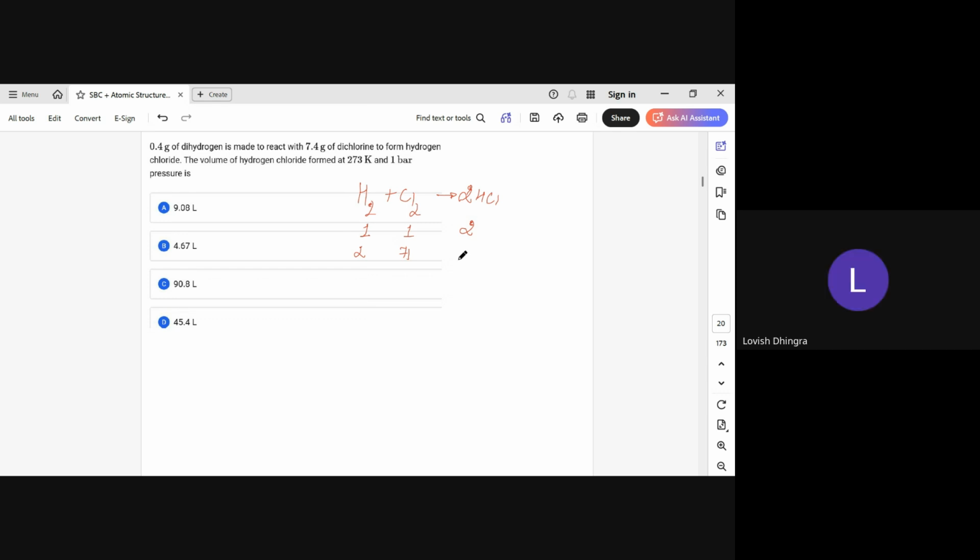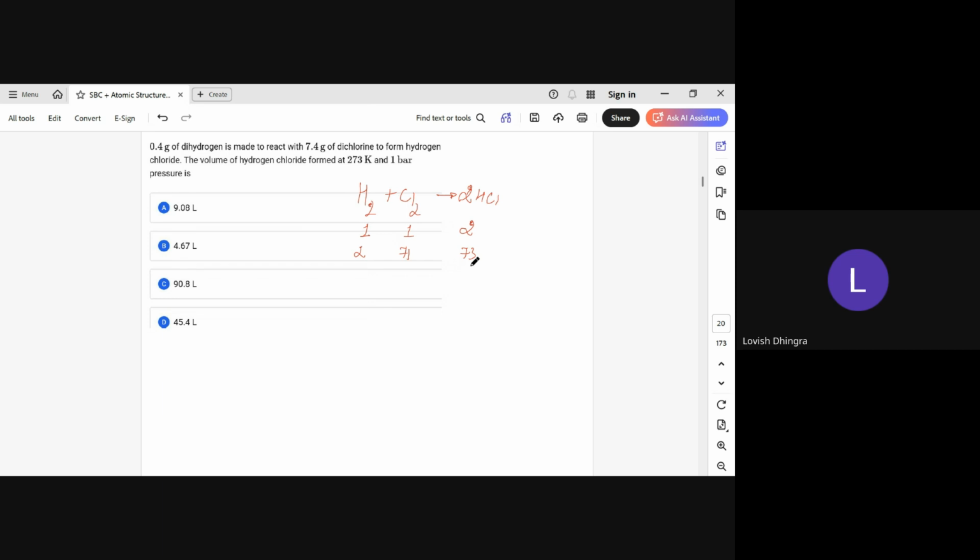But for 2 moles? 73. Yes, 73. Clear? So what you can see, 71 grams of chlorine is combining with 2 grams of H2 to give 73 grams of HCl. Clear?